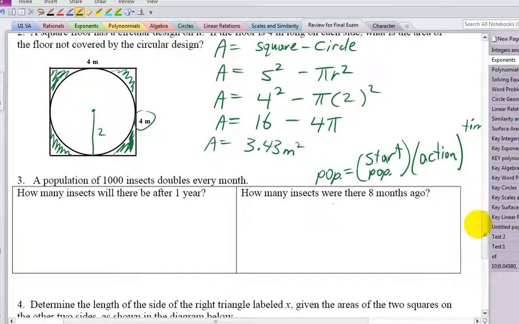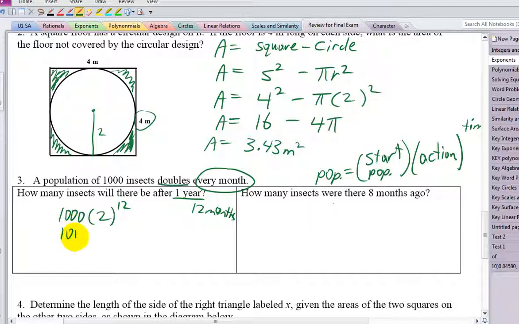starting population would be 1,000. It's doubling, so that action is a 2. And after 1 year, it doubles every month. So how many times does it double? All right, 12 months. So it doubles 12 times.